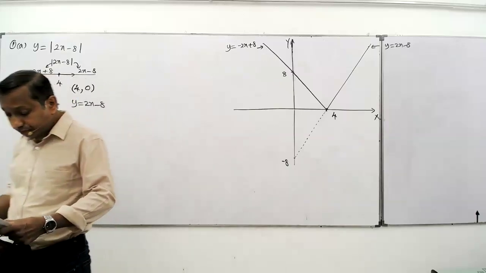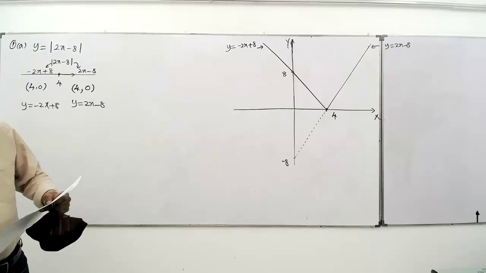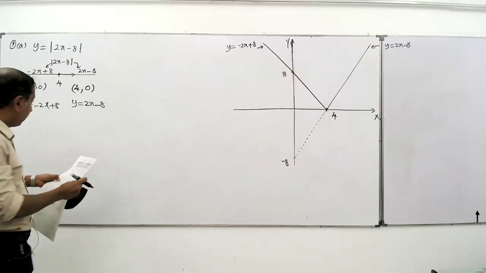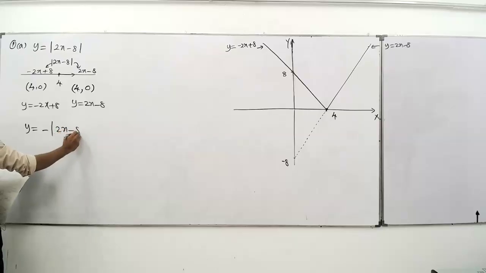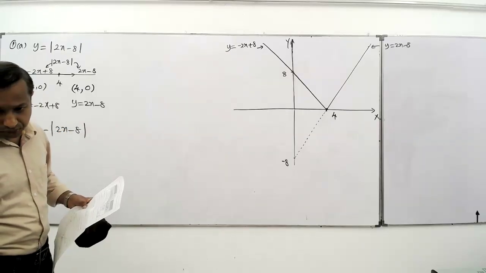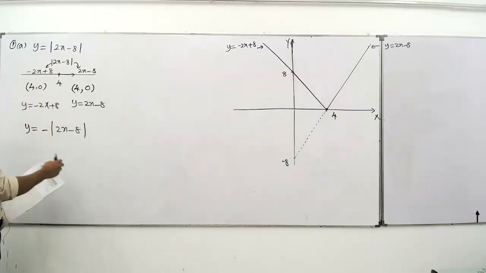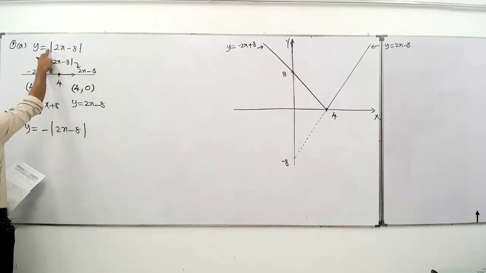Secondly, it is asking to do, hence, sketch y equals minus mod 2x minus 8. Okay, y equals minus mod 2x minus 8. You know, this graph is got by multiplying the right hand side by a minus sign only.